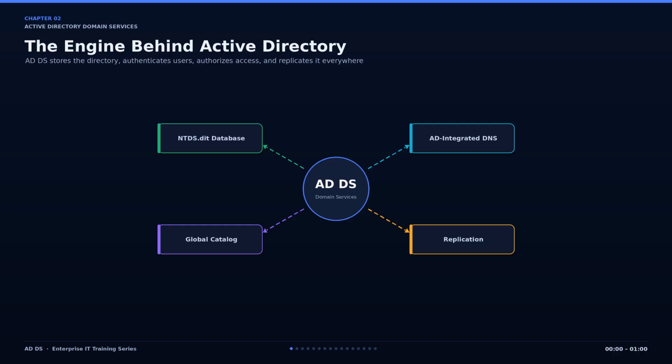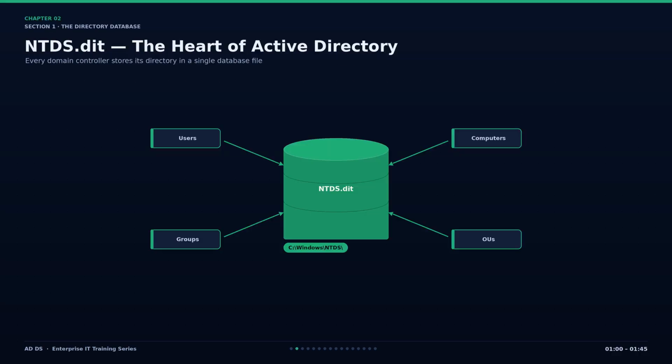Understanding ADDS is essential because nearly every Active Directory task ultimately depends on these core services. In this chapter, we'll explore four critical components: the Active Directory Database, AD Integrated DNS, the Global Catalog, and Active Directory Replication. Together, these technologies form the foundation of every Active Directory environment.